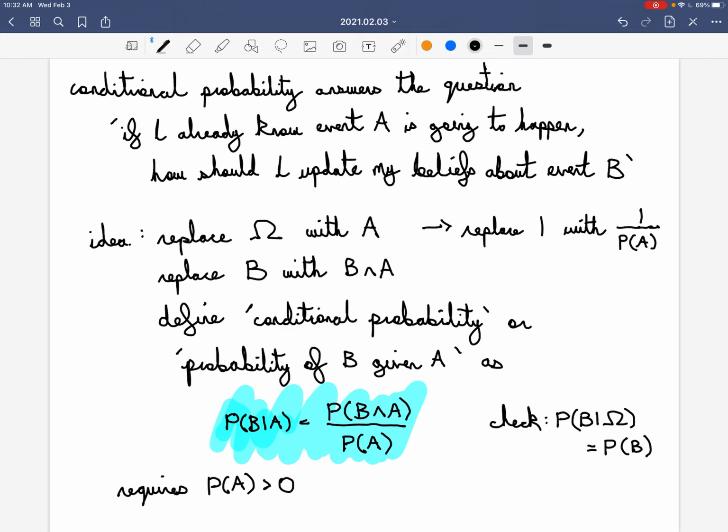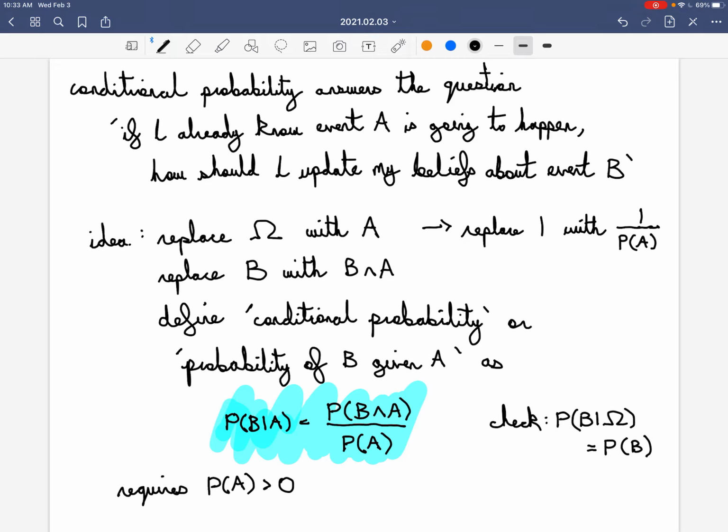And by update my beliefs, it means that you want to take the event A as given and calculate a new probability for the event B that reflects not the a priori probability that B happens, but rather the conditional probability that B happens, given that A is already assumed to occur.